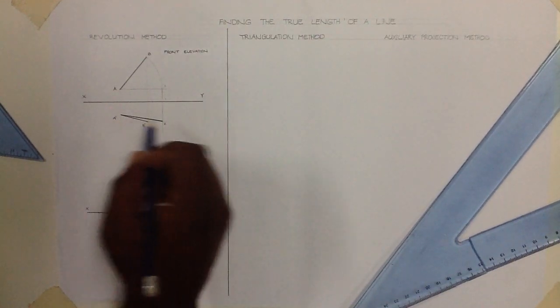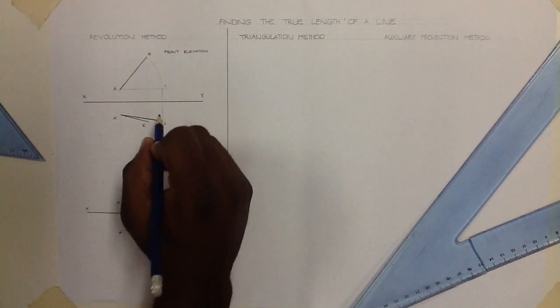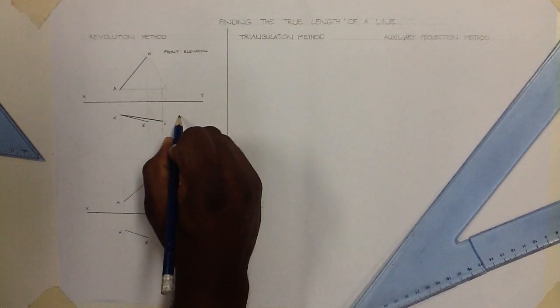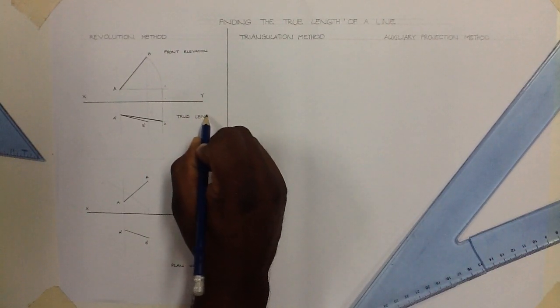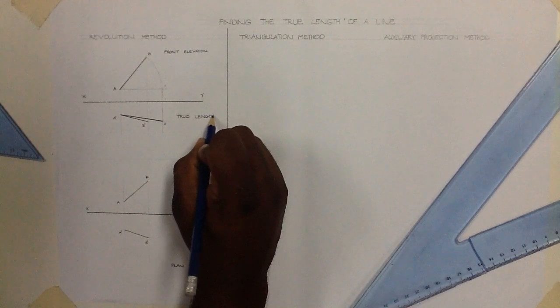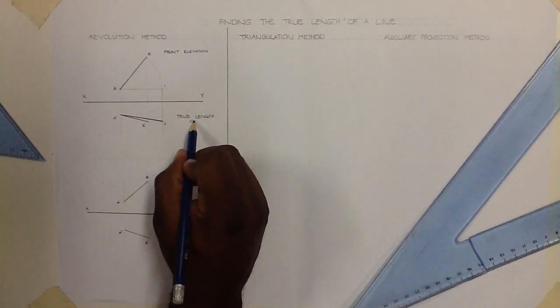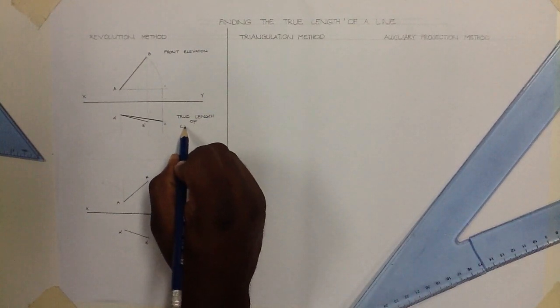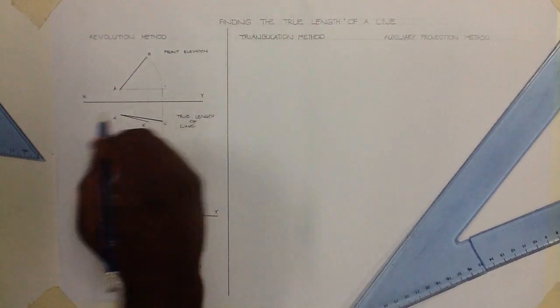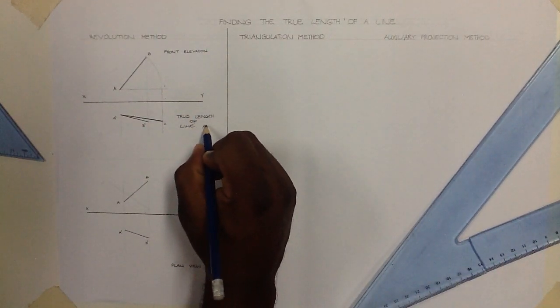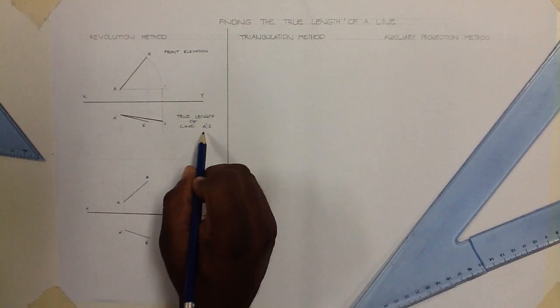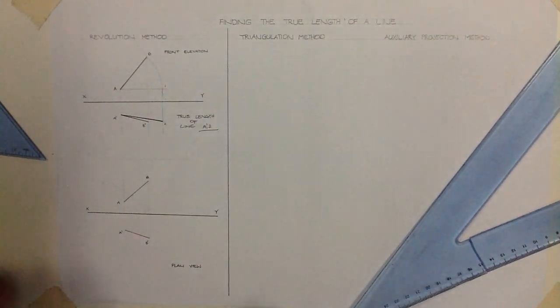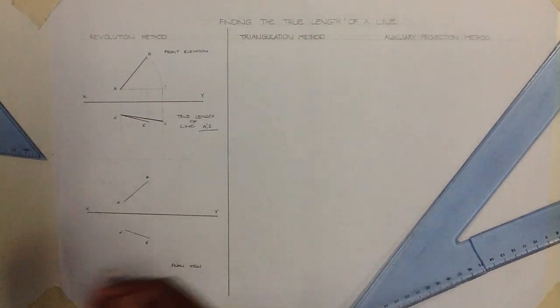Point E prime is the origin, and so we have the true length of the line found. So the true length of the line is A prime 2. Your line A prime 2 is the true length of your line.